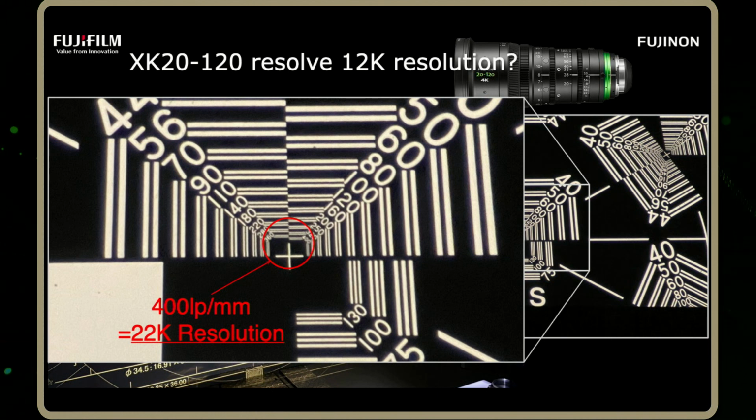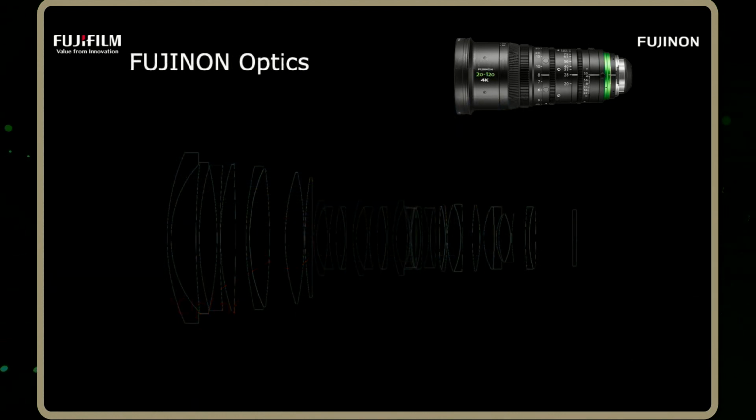So at the center of the lens, we're actually getting way beyond 12K resolution in terms of the ability to see those tiny parallel black and white lines. So yeah, basically we resolve more than 12K resolution on this lens, way more than 12K at the center.